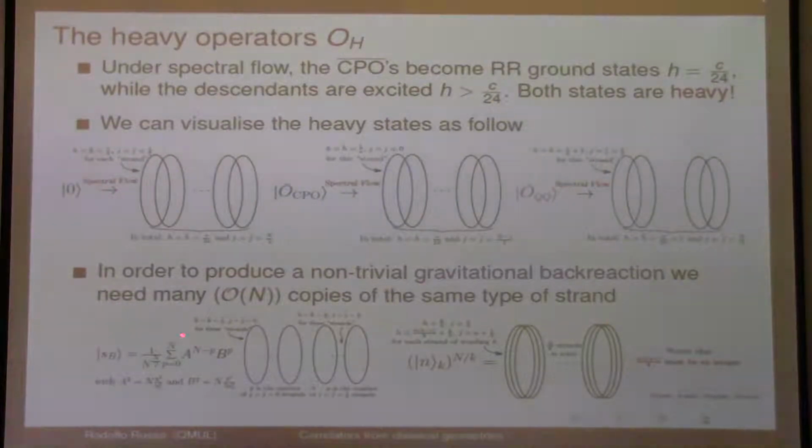Again, the details are not important, but let me just stress that there is a sum, and so it is really a bit like a coherent state. This type of state is determined by a continuous complex number, exactly like a coherent state is. This A and B basically weight the contribution to the final state of each term in the sum with different numbers of copies.